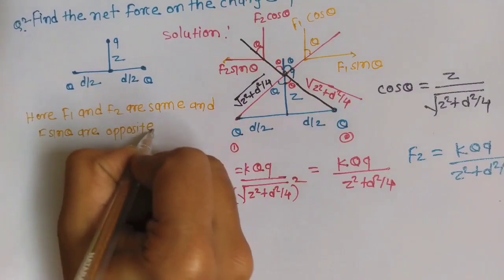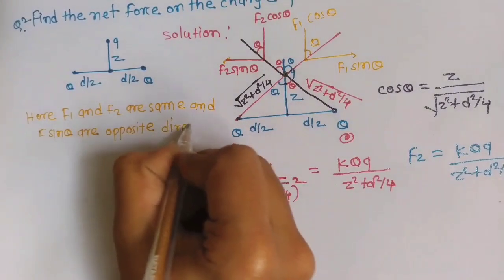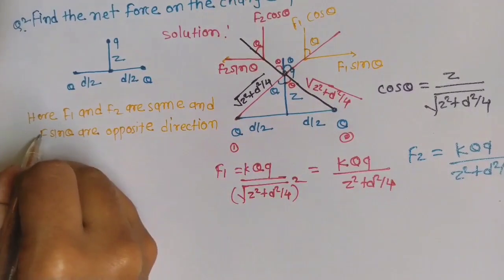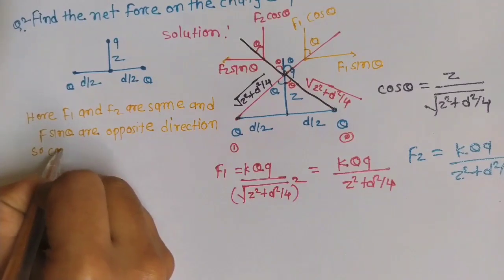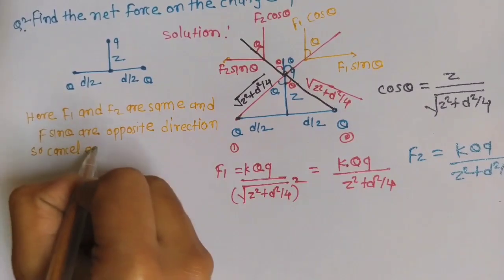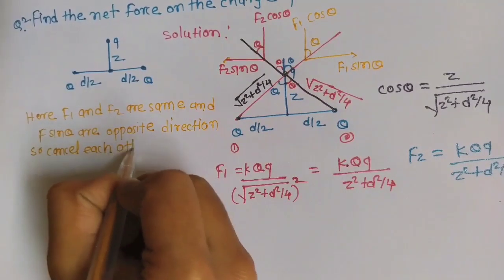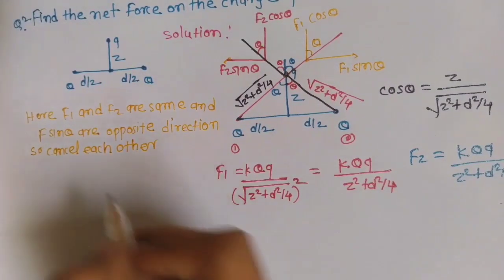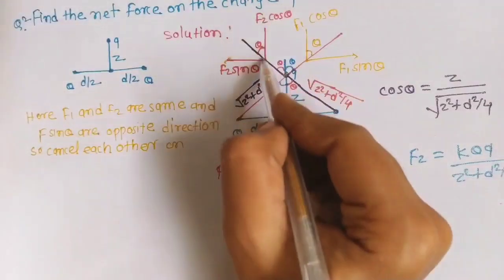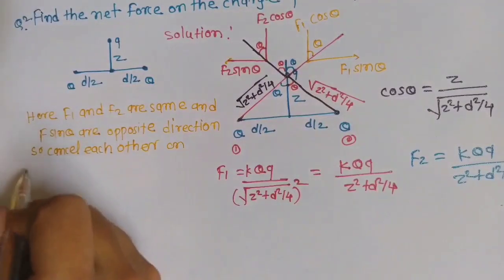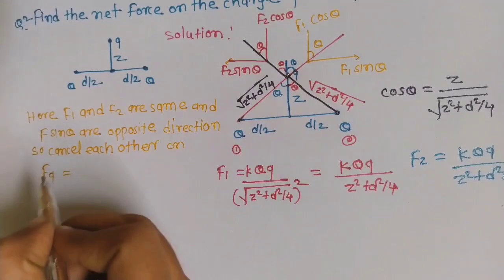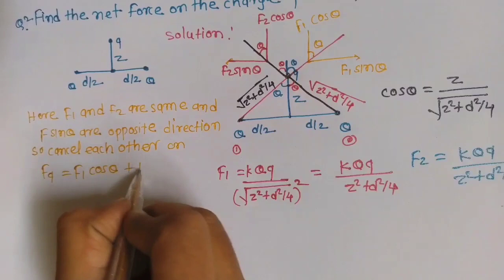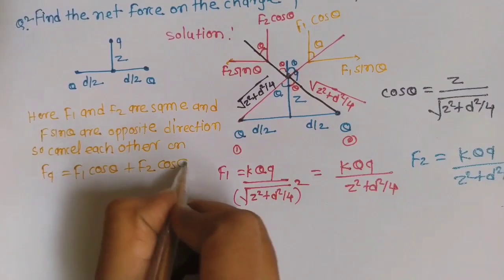F sin theta are in opposite direction, so they cancel each other. Only cos terms are remaining here, and both cos terms are in upward direction, therefore both are positive. It is F_Q equal to F1 cos theta plus F2 cos theta.